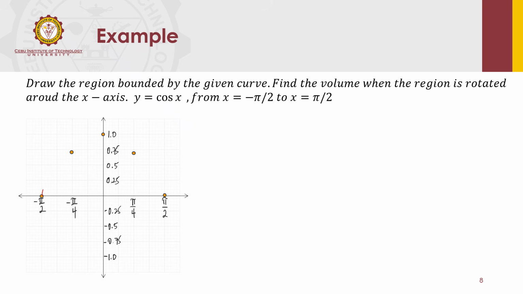We start here. The curve should be smooth. Do not draw pointed curves. Okay, so this is a part of a cosine function graph. So we're going to rotate this around the x-axis.